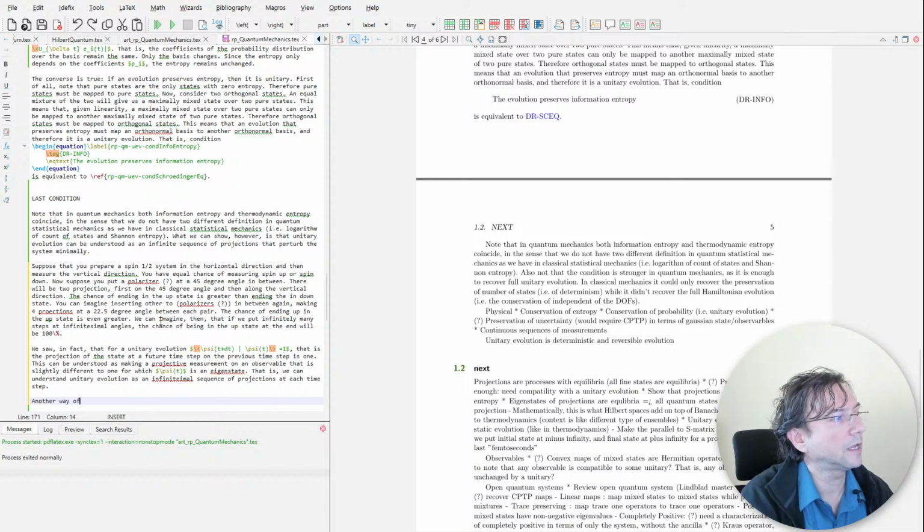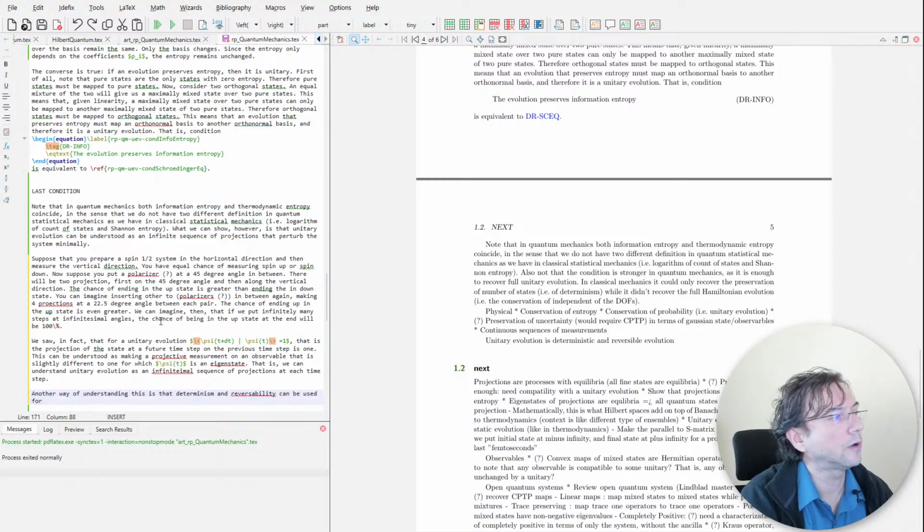Another way of understanding this is that determinism and reversibility can be used for both measuring and preparing states.